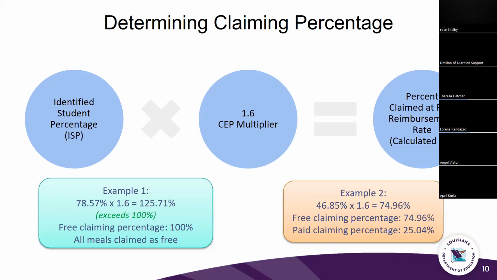In example 2, a school food authority with an ISP of 46.85%, multiplied by the CEP multiplier of 1.6, equals a claiming percentage of 74.96%. So this SFA will claim 74.96% of their meals as free, and the remaining 25.04% as paid. We do have a tool available that can do those multiplications for you when it comes to claiming.